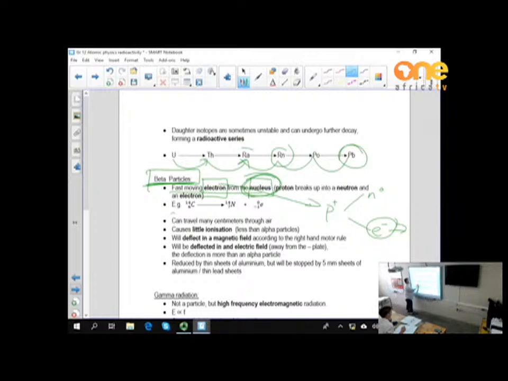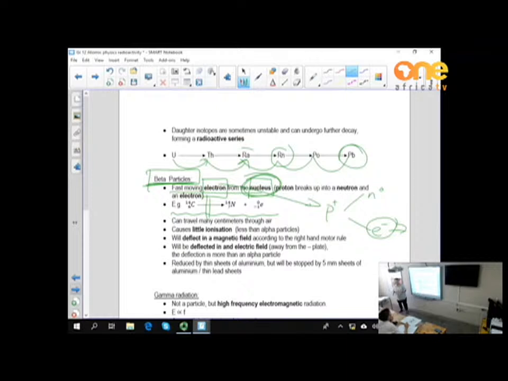Here I've got an equation. I've got carbon-14. Now carbon-14 is a beta emitter, which means it's going to shoot out an electron from the nucleus. But now remember, if we look at the equation on the left-hand side and on the right-hand side, the stuff that I start out with, I must end up with, in total.